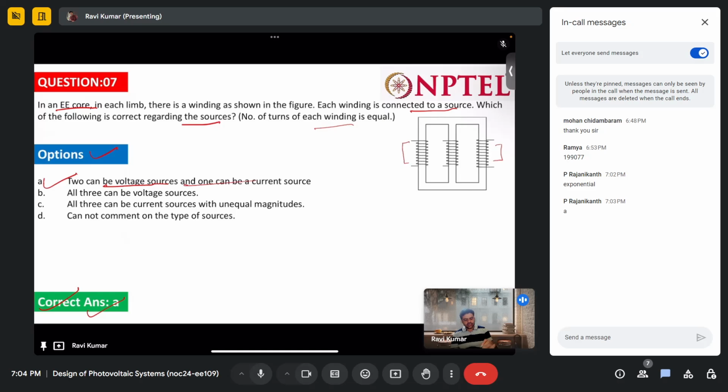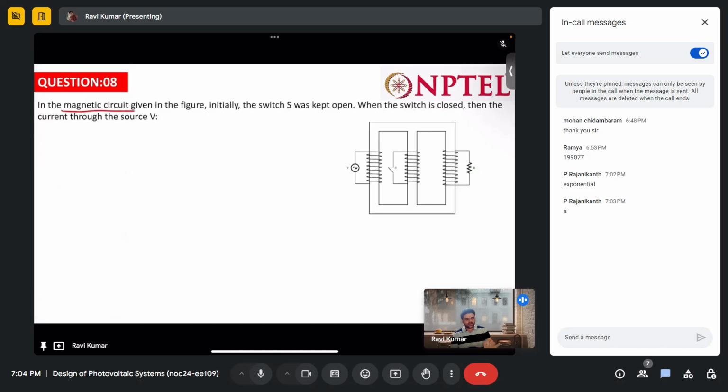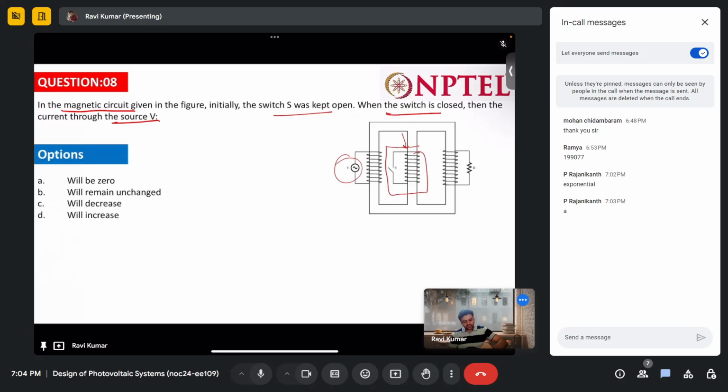Next question. In the magnetic circuit given in the figure, initially this switch S was kept open. So there was some mutual inductance or some kind of current withdrawing here. When the switch is closed, then the current through the source V will be zero, remain unchanged, decrease or increase.